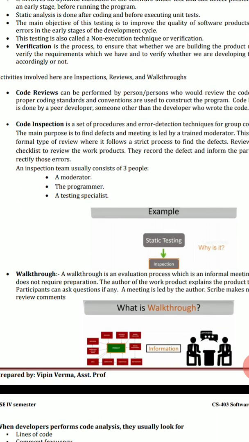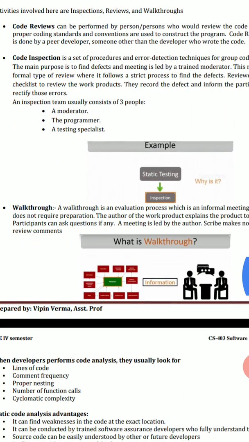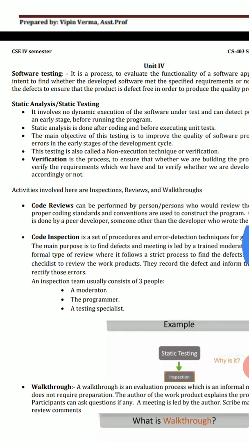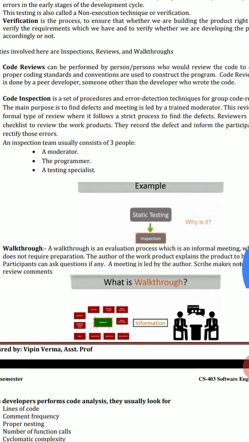In the code inspection team, the moderator is responsible for notifying the errors. In the walkthrough, again, a person is dedicated to noting the errors so that we can perform error pruning. Similarly, in the code review also.